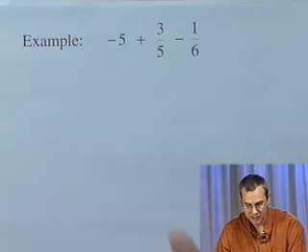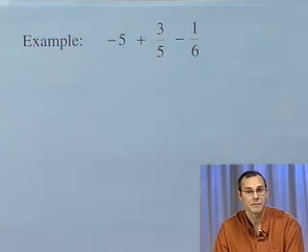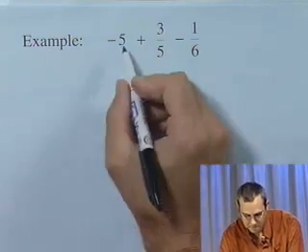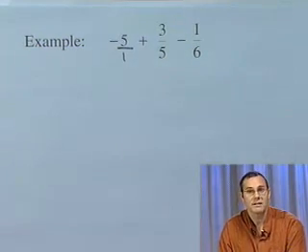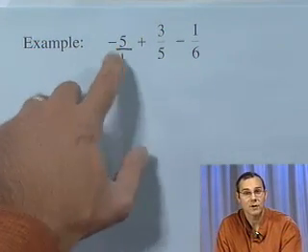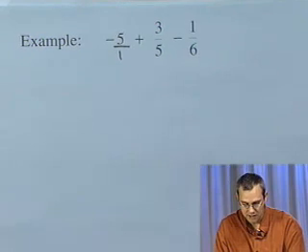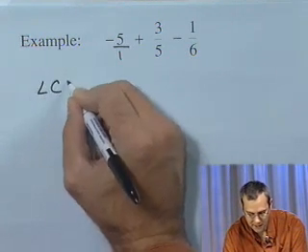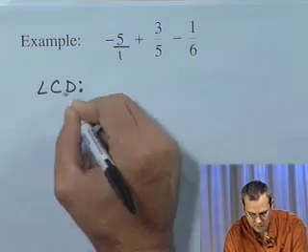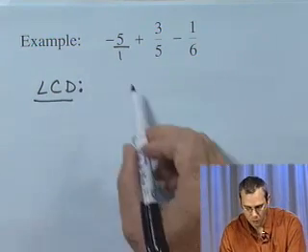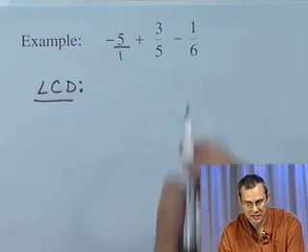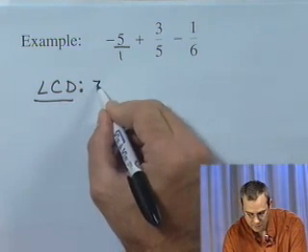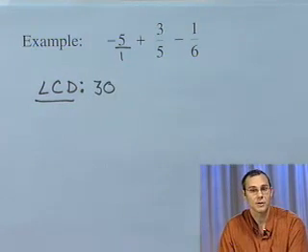This time I have an expression with 3 terms here. Remember, I can always write negative 5 as negative 5 over 1. So let's go ahead and try to figure out what the lowest common denominator is. I'll abbreviate that LCD. Well, what number does a 1, a 5, and a 6 all go into? Well, that number is going to be 30.